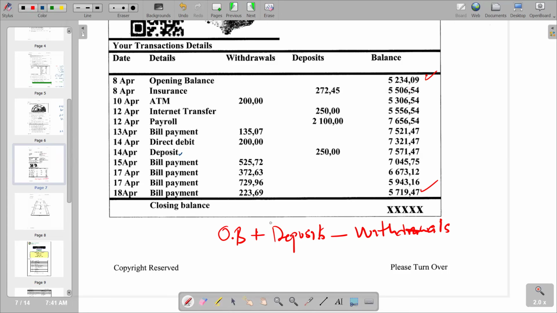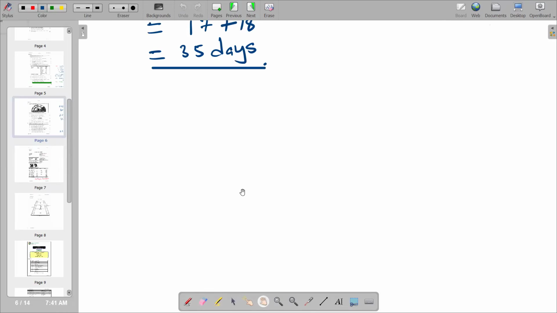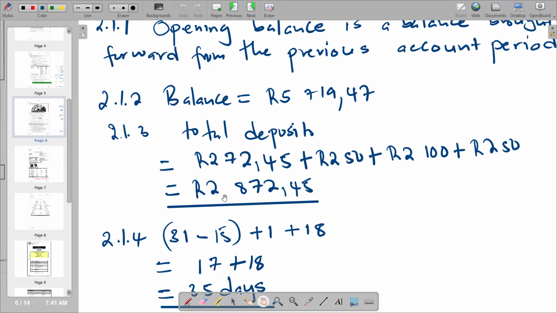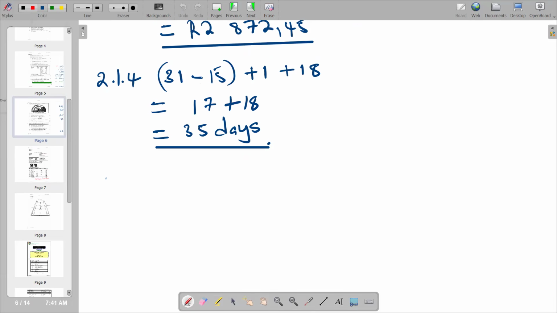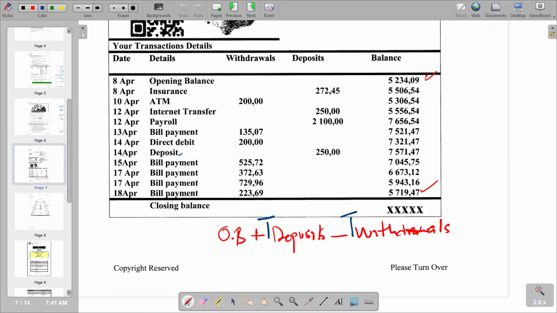So basically, these are figures and also we have already added total deposits. We can just refer back to total deposits. We have got 2,872 rands 45 cents. So basically already we are saying, 2.1.5, opening balance is 5,234 rands 90 cents.